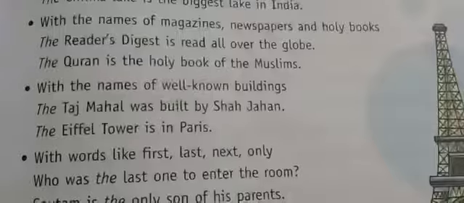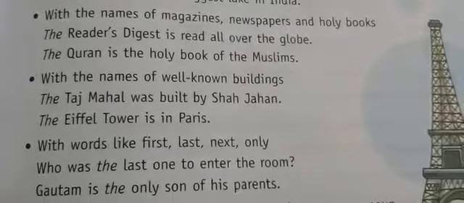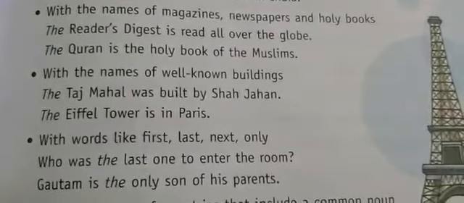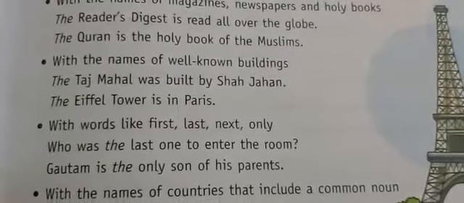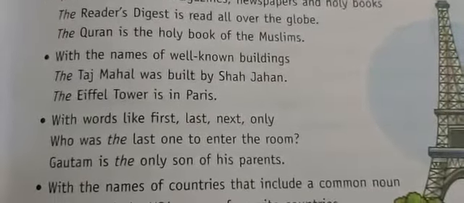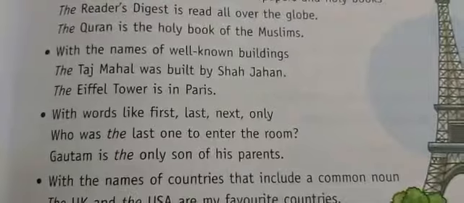Now we can use the with the names of rivers, seas, oceans, lakes, mountains, and groups of islands. It can also be used with the names of magazines, newspapers, and holy books. It can be used with the names of well-known buildings. For example, a famous monument like the Taj Mahal or the Eiffel Tower.